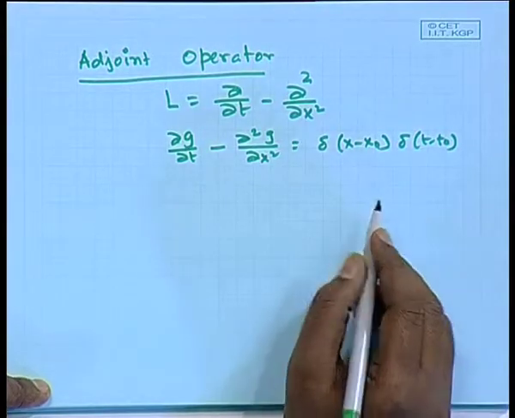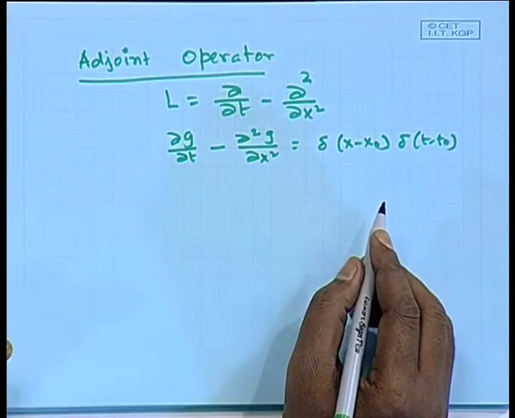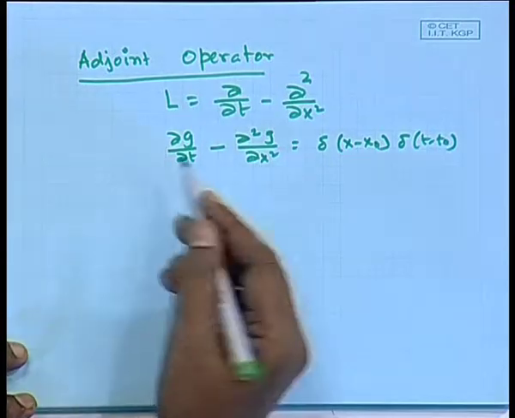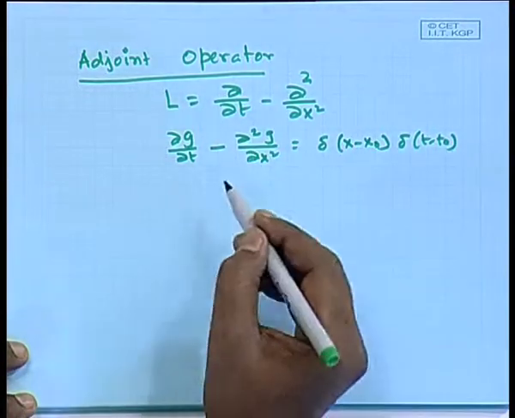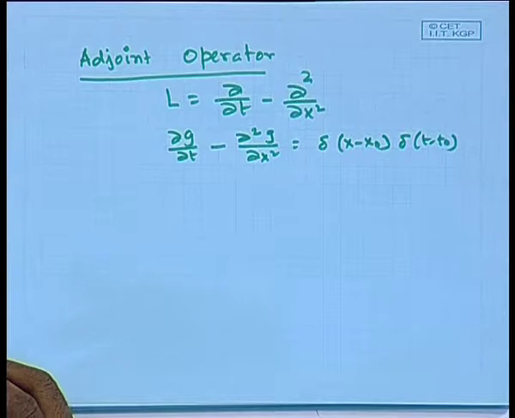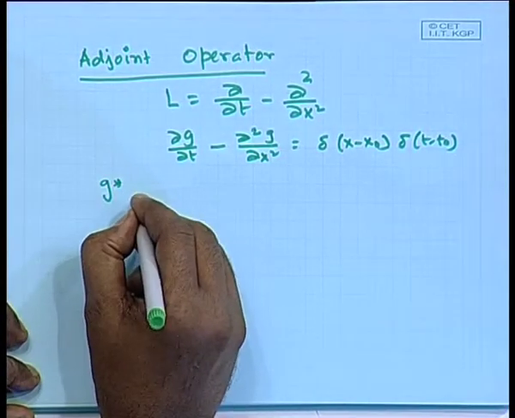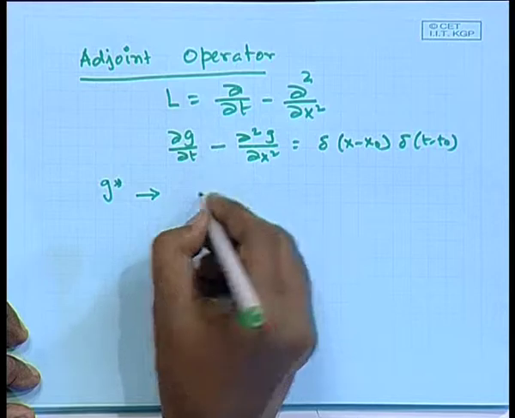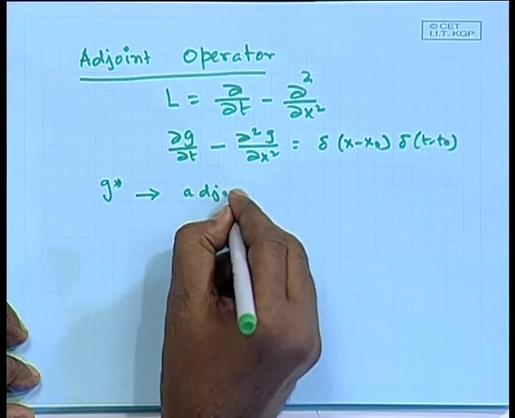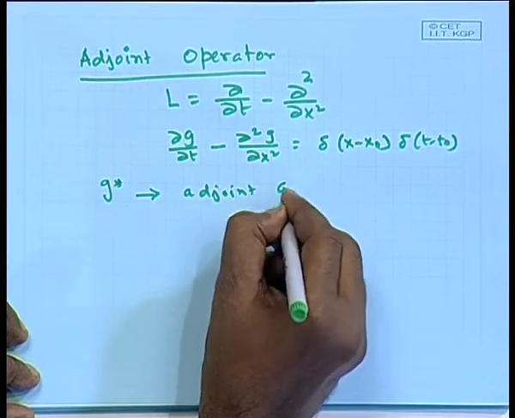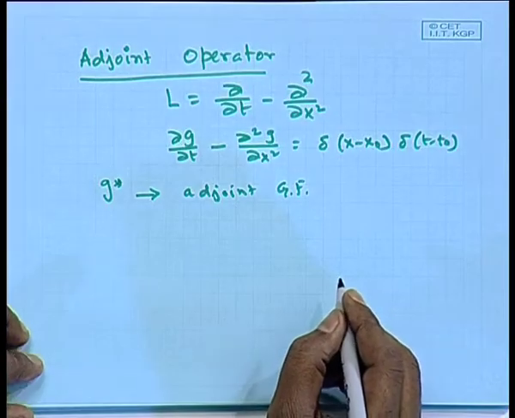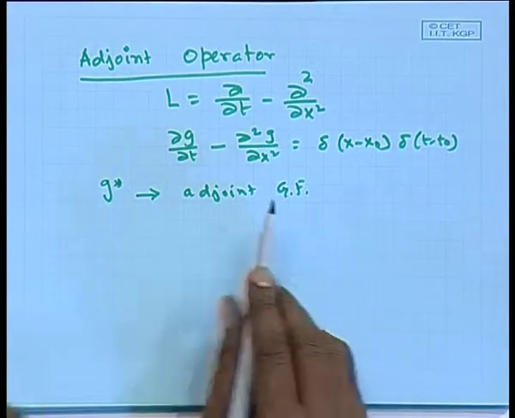Okay. Now, you multiply both sides of this equation by g star. Let us say g star is the adjoint Green's function.